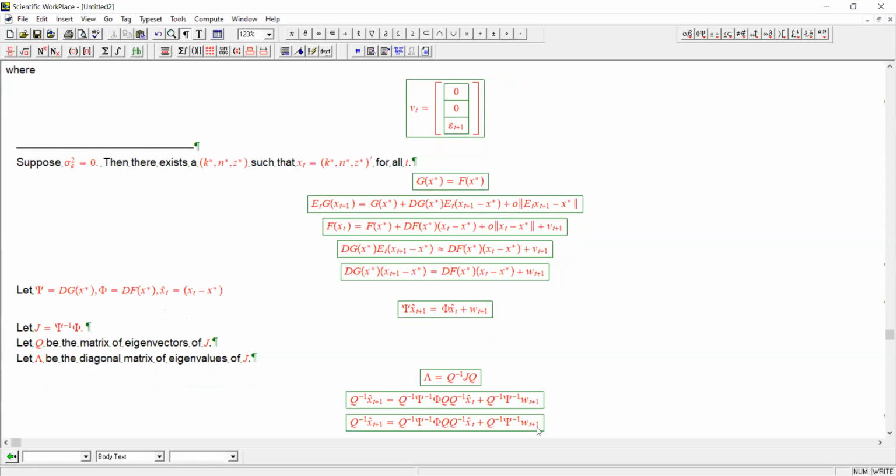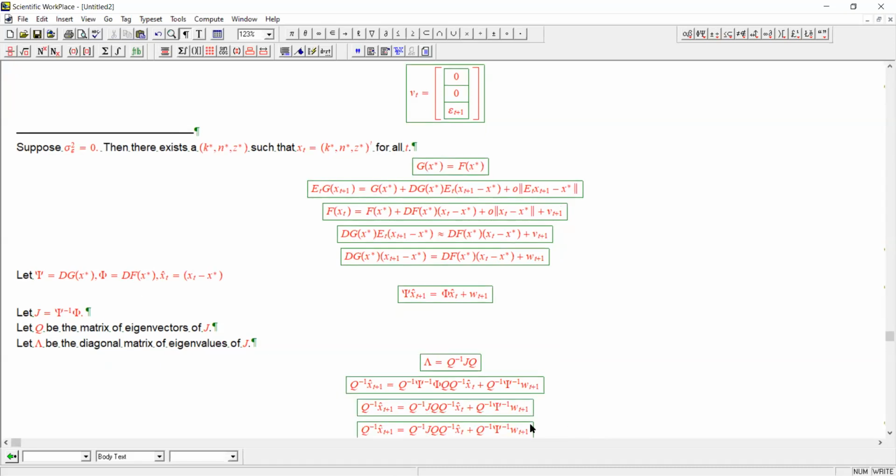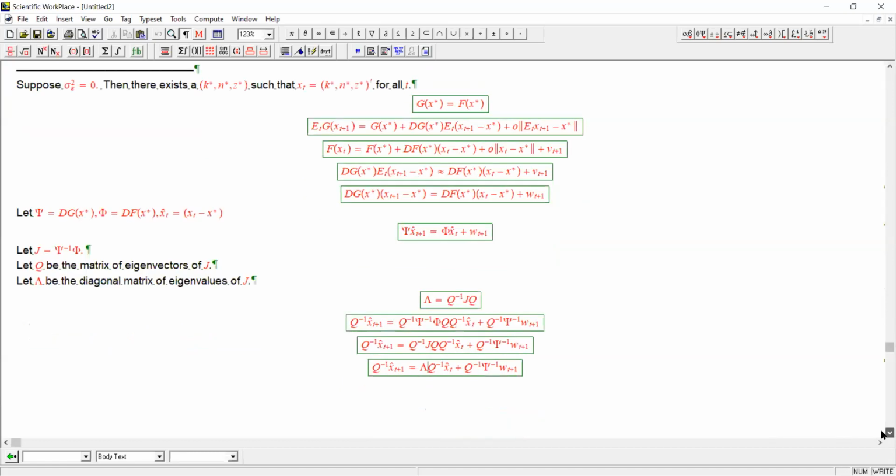How does that help me? Helps me quite a bit, because this is J. Moreover, from what we saw before, this equals lambda, the diagonal matrix of eigenvalues.